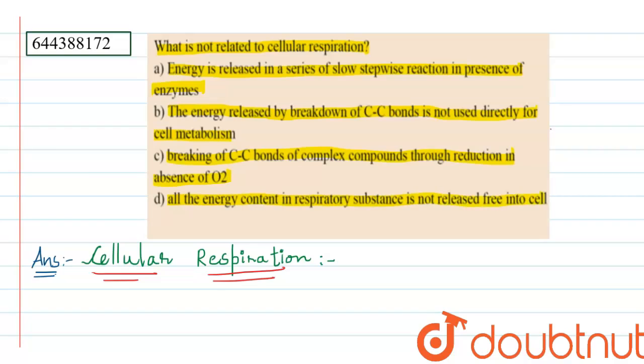So let us learn about cellular respiration in brief. What is cellular respiration? Cellular respiration is a process of breakdown of sugars in the presence of oxygen to obtain energy.